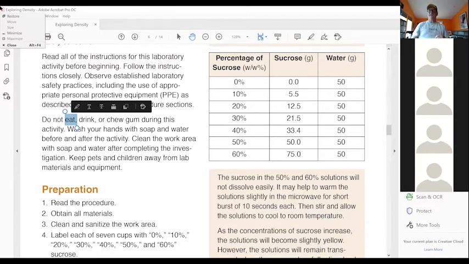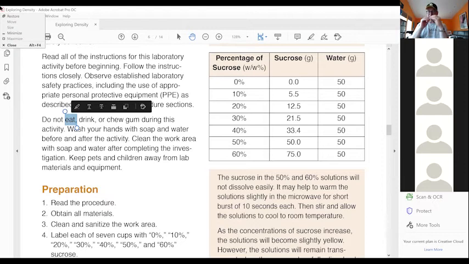Well, what would be the mass of a solution if I had 50 grams of water and 5 grams of sucrose? What would be the total mass? 55 grams. It'd be 55, right? So if I had 5 divided by 55, that's not 10%, is it? It's a little bit less. So that's why we want 5.5 plus 50.